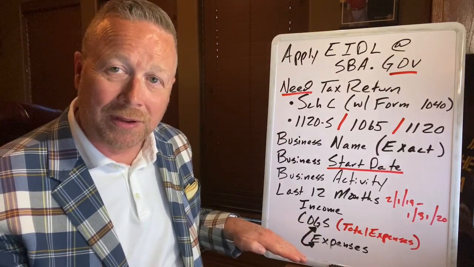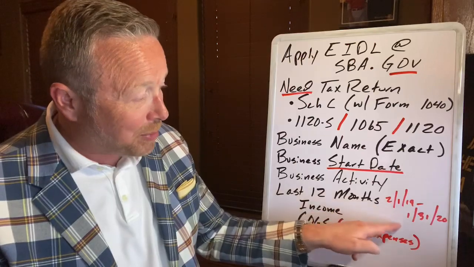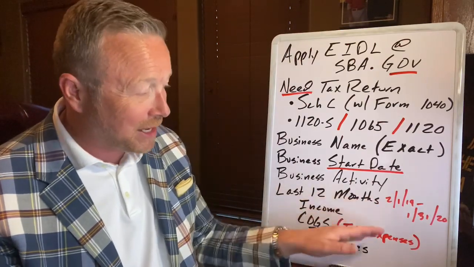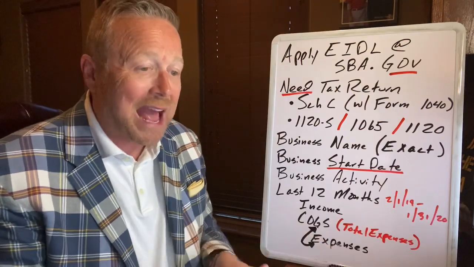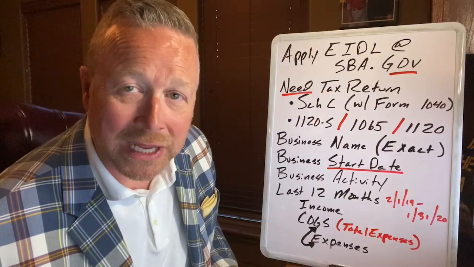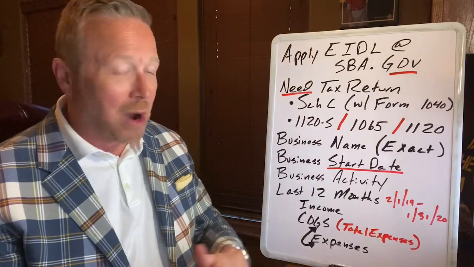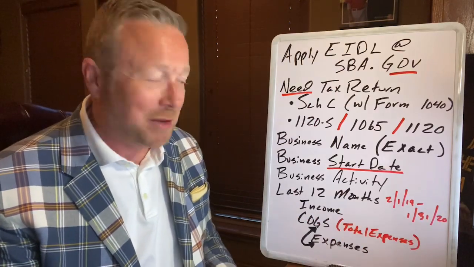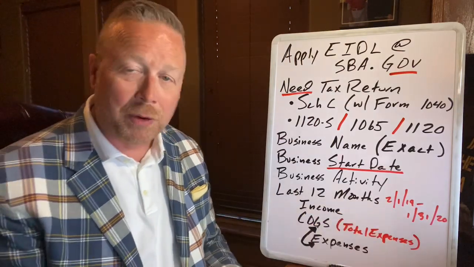So I put in these exact dates. I recommend you put in those exact dates of income and total expenses. If you don't have it, all I'm saying is go with what you have that's reasonable. If you say to me, well, I've only been in business for 8 months, well, then put the 8 months of activity in there through 1/31/20.